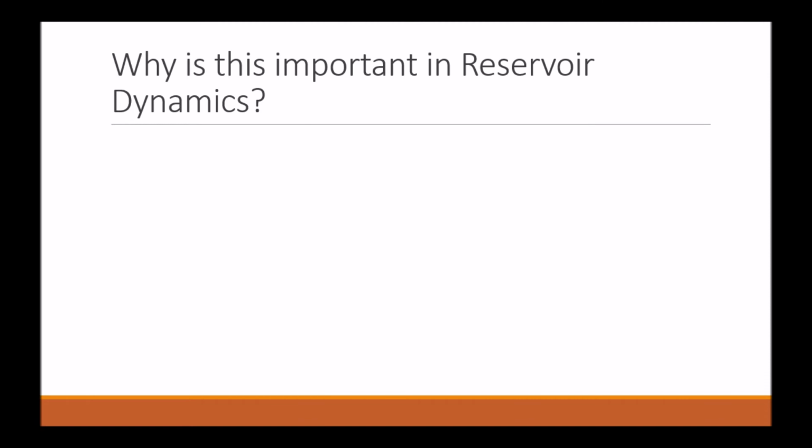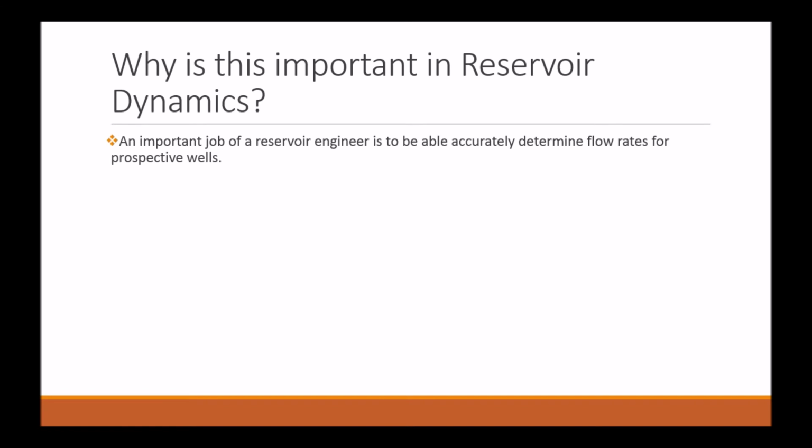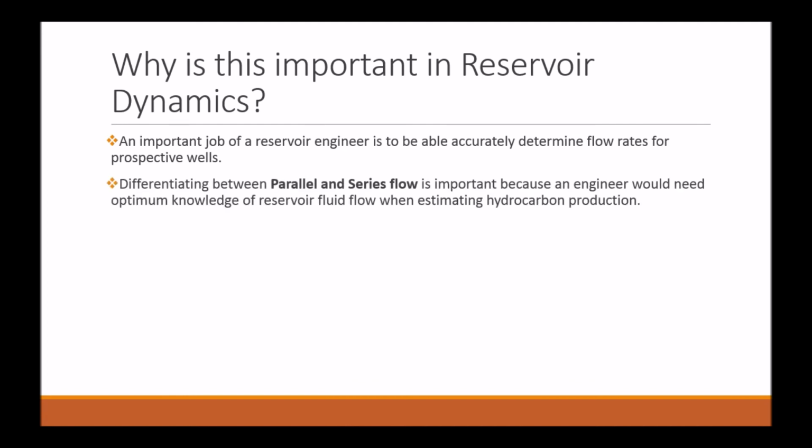Why is this important in reservoir dynamics? An important job of a reservoir engineer is to be able to accurately determine flow rates for prospective wells. Differentiating between parallel and series flow is important because a reservoir engineer would need optimum knowledge of reservoir fluid flow when estimating hydrocarbon production.